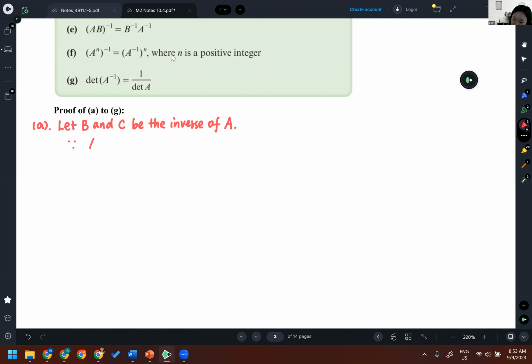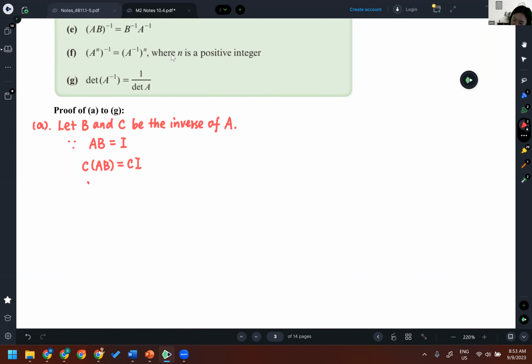Because A times B equal I, right? A times B equal I. And then C times AB equal C times I. I just multiply C on both sides.